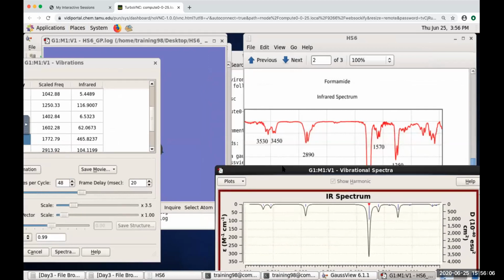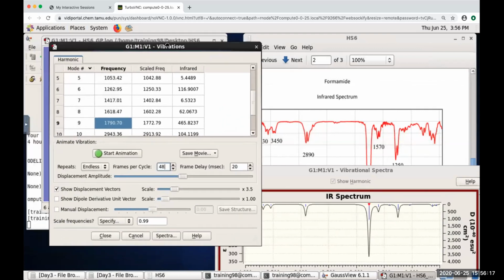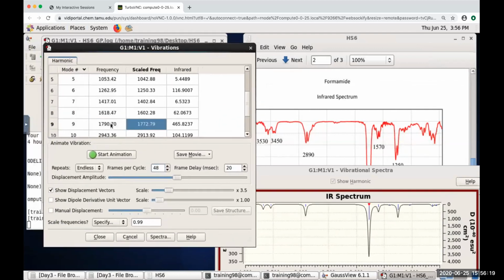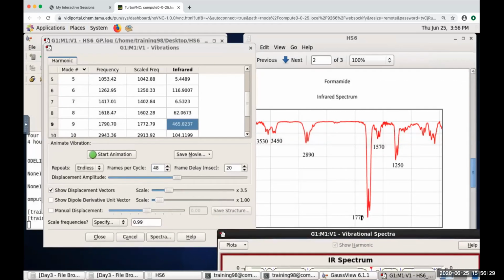If you wanted to do this a little better, you would definitely want to overlay them in reality, but 0.99 looks pretty good here. Let's see what value we have. What you want to do is split the difference with all of them. So we have 1770, and here we have 1772.